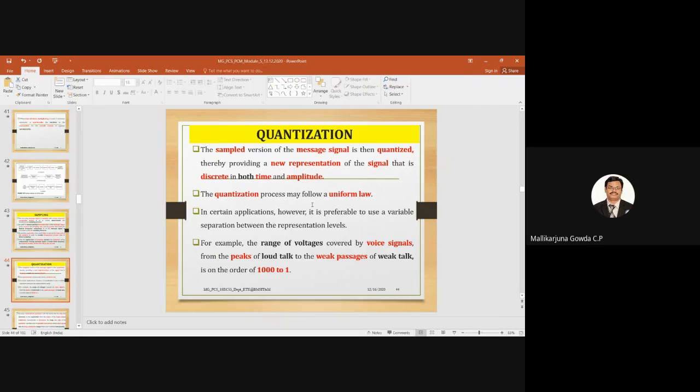What happens in uniform quantization? What happens in non-uniform quantization? Then under uniform quantization, again there are two types: one is mid-tread type quantizer, another one is mid-rise type quantizer.